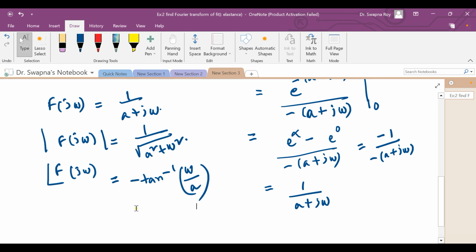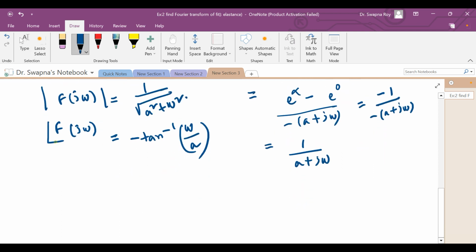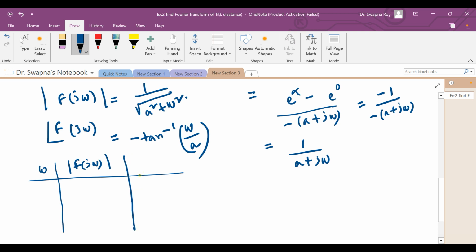Now we will create one table. One column is omega, another is the magnitude of F(j omega), another is the angle of F(j omega). I'm taking omega as minus infinity, then minus a, then 0, then plus a, plus infinity.